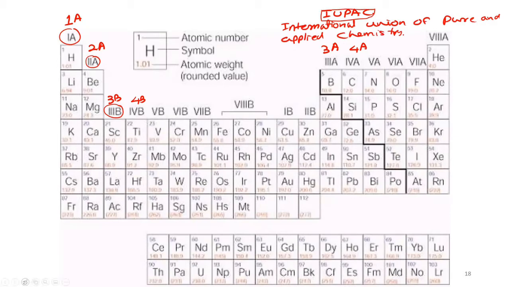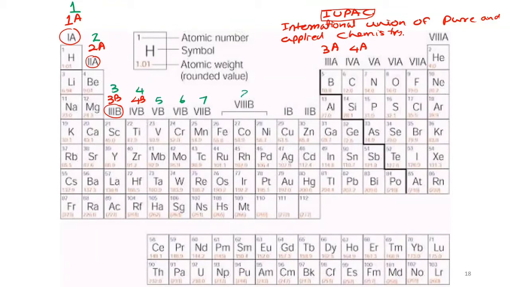Instead of using this A and B type classification, they started simply going with Arabic numbers 1, 2, and then we go on 3, 4, 5, 6, 7.